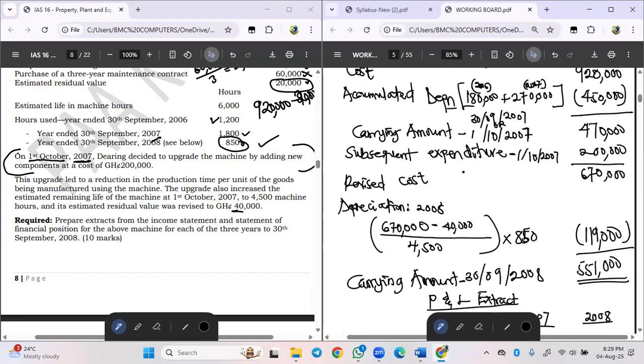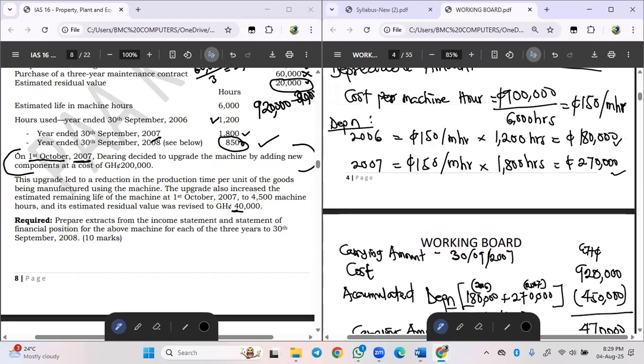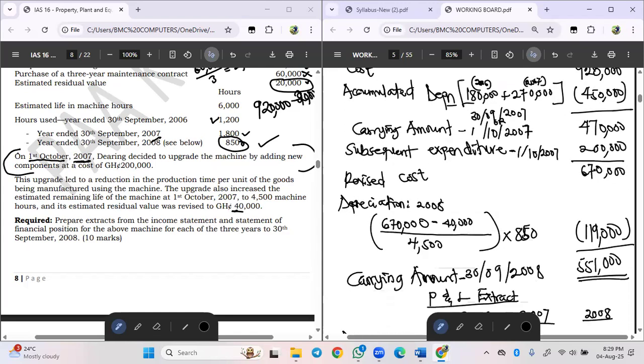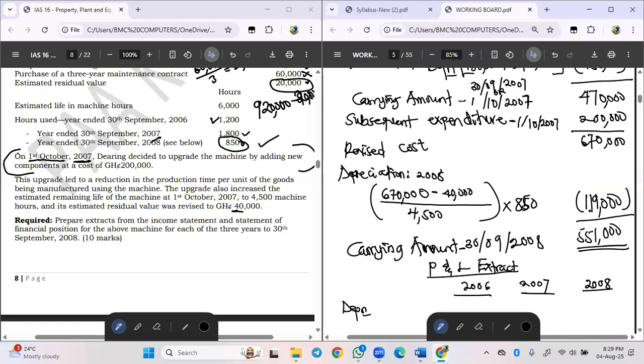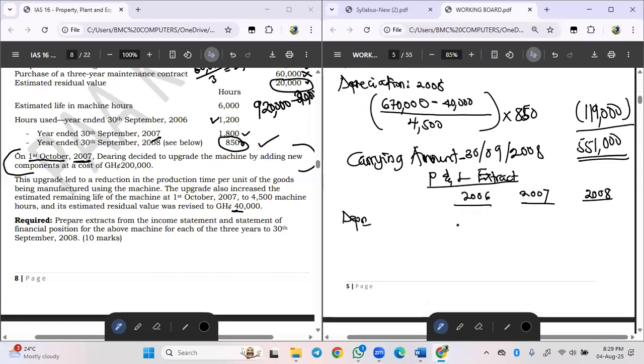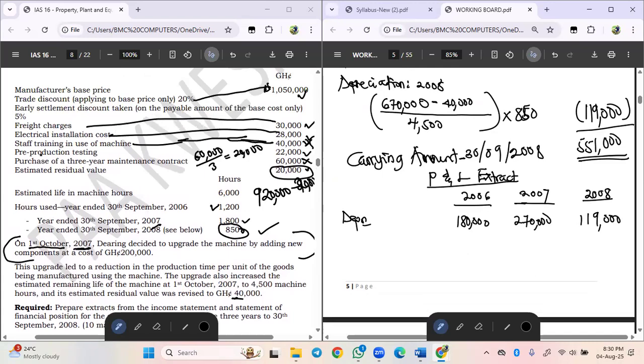For 2006, it was 180. 2007, it is 270. 2008, it is 119. So that's what you are going to record: 180,000, 270,000 and also 119,000.